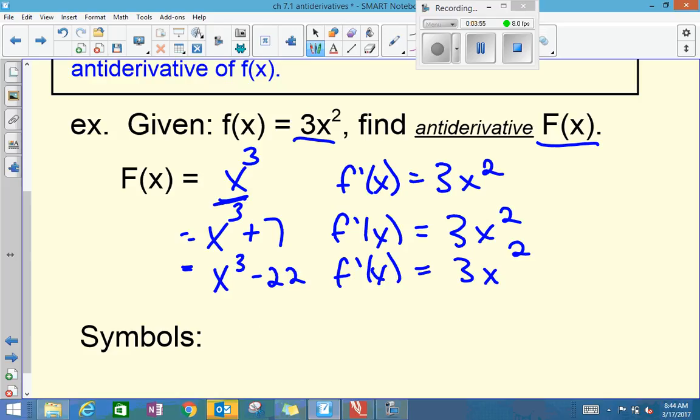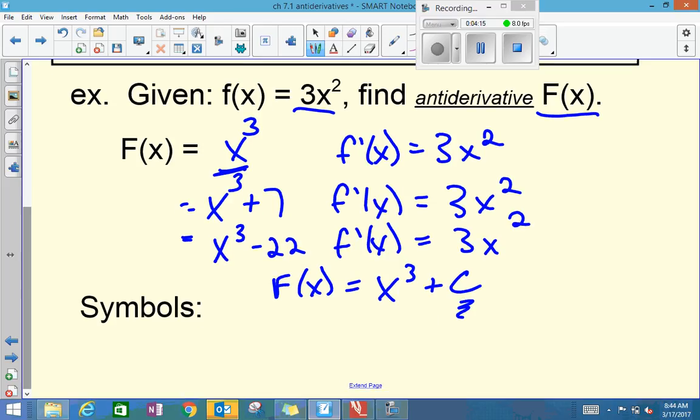So the way we note that is we would say capital F of x is actually x to the third plus c. So c just represents the fact that the derivative would be 3x squared, and plus any constant that would fall off because of its derivative.